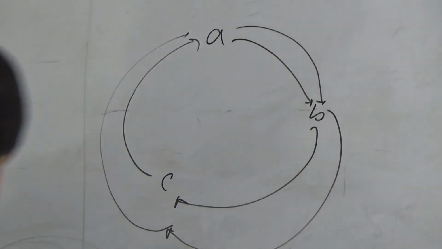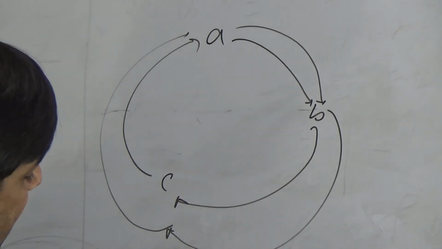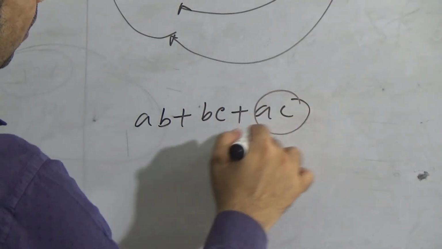So if anyone wants to write AB plus BC plus AC, this will be wrong.